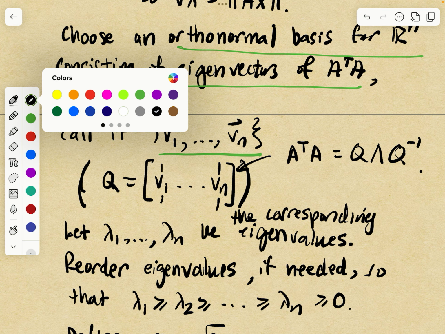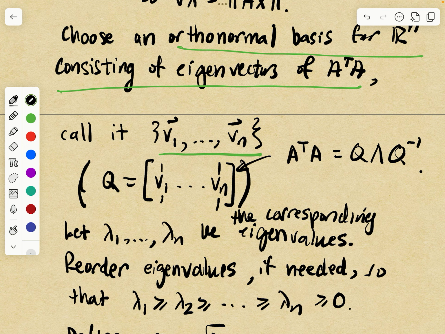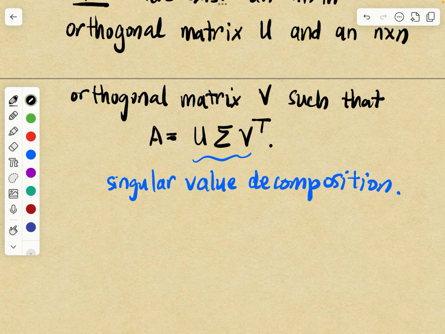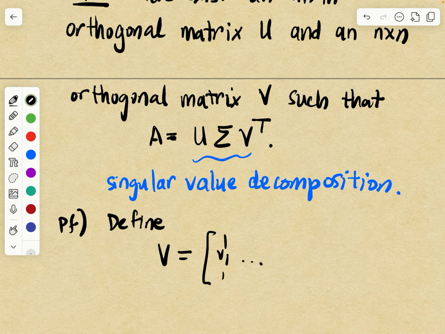So if you take those Vi's and put them as columns of the matrix, that's like the Q in the Q lambda Q inverse decomposition, we're going to call that V. So here's the proof of the theorem: we define V to be the matrix whose columns are V1 through Vn.